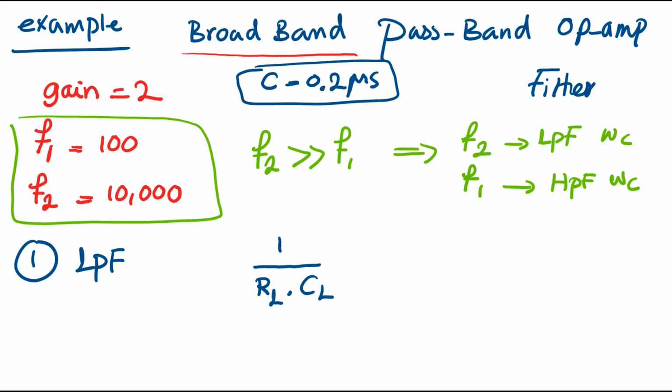We cannot use any other capacitor value in our design. We only have access to capacitors with this particular value. So in the low pass filter, the cutoff frequency is equal to 1 over RL multiplied by CL, and I know that I have to use a capacitor which has a value equal to 0.2 microfarad.